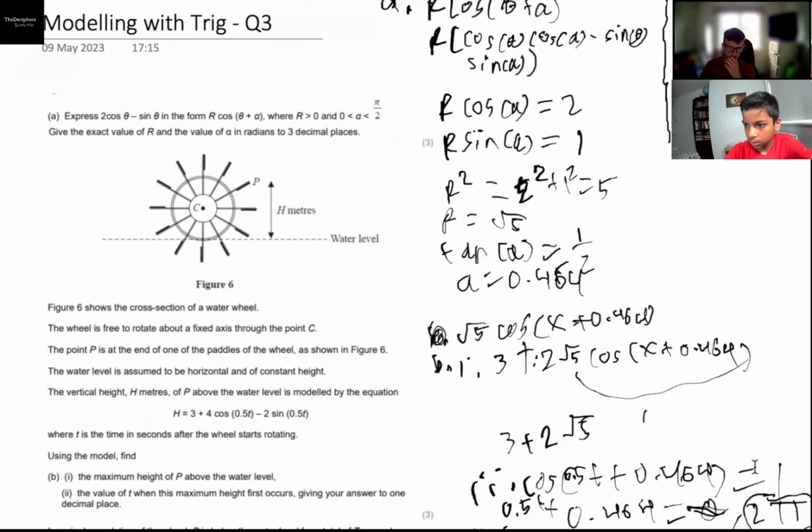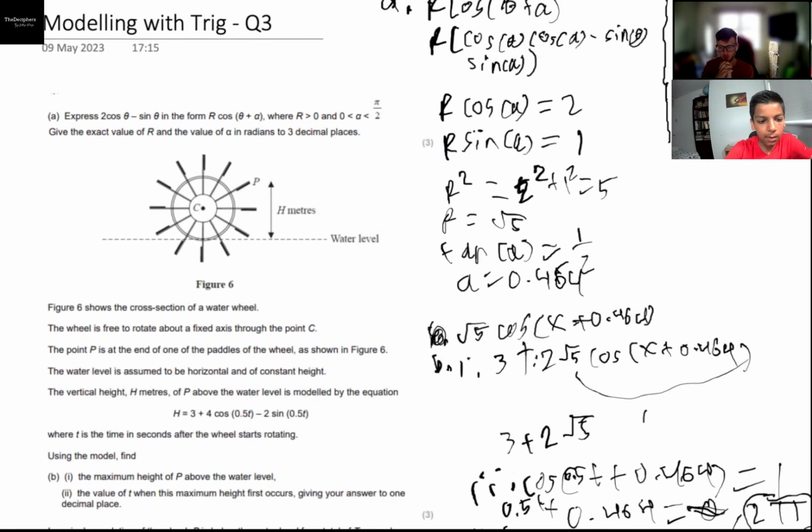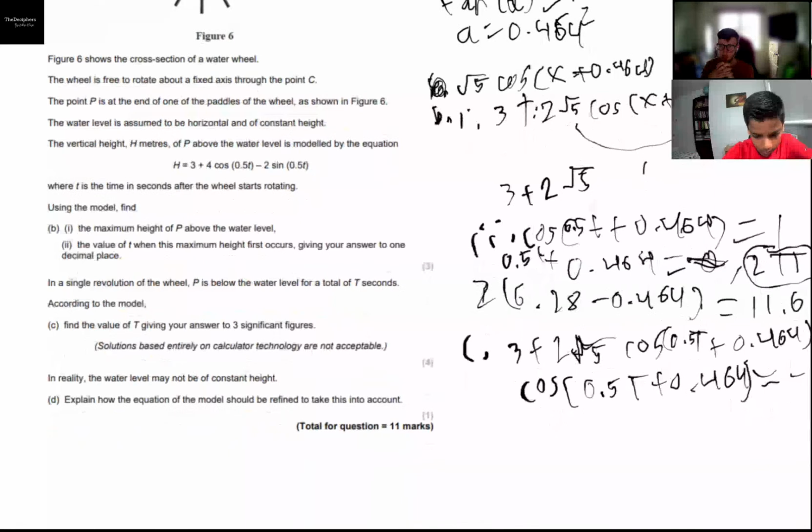Yeah, so take both sides divided by 2 root 5.